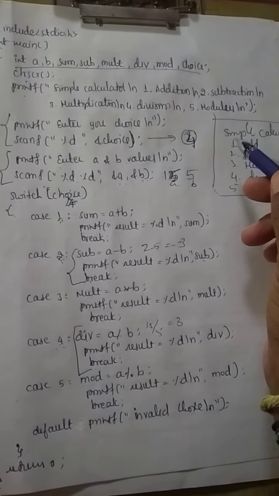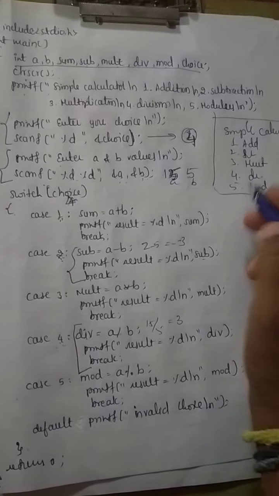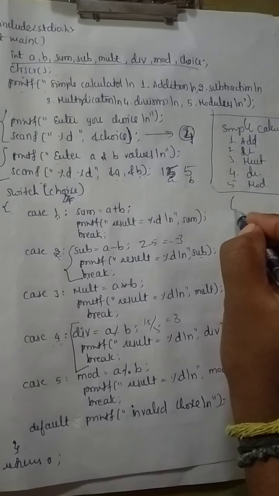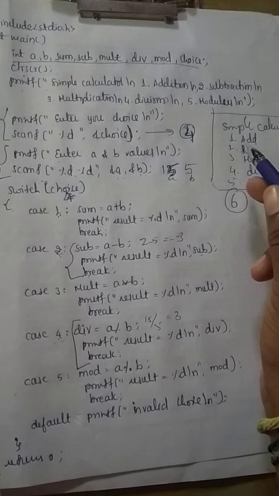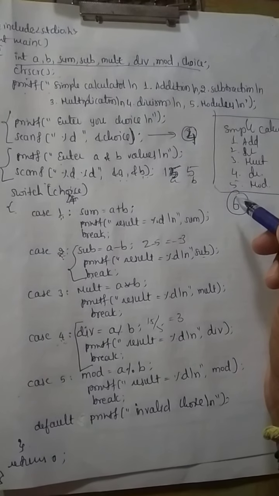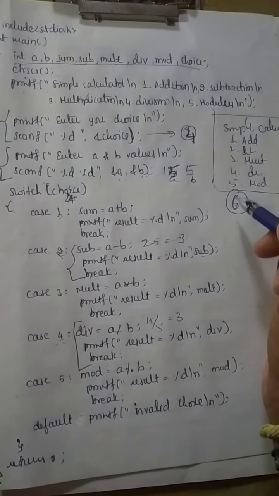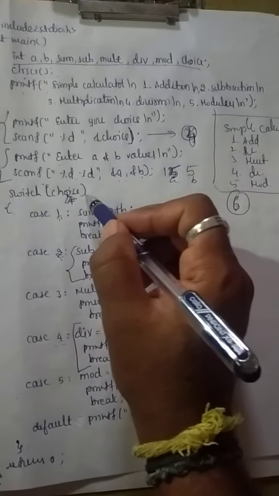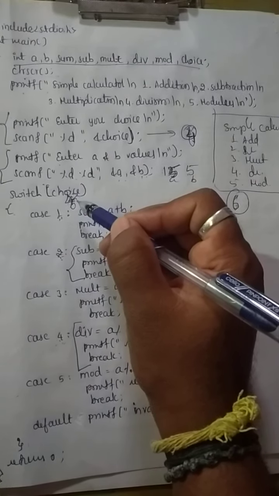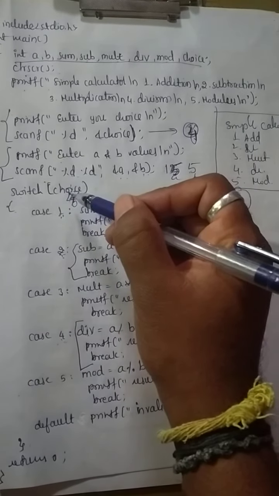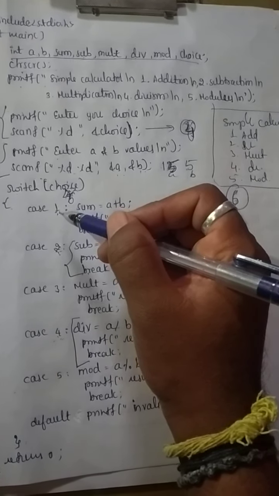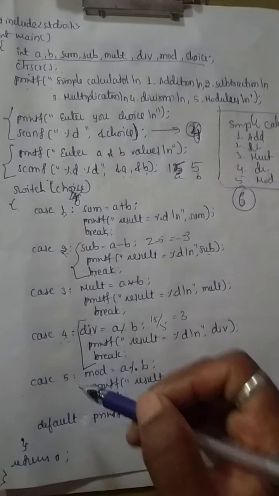Suppose consider there are 1, 2, 3, 4, 5 choices. Suppose you choose your choice as 6 or 7, any number other than these 5. If you choose 6, my choice is now 6. Substitute here 6. Then this 6 will be compared with all these cases, and it is not going to match with any of the cases. Then what happens?